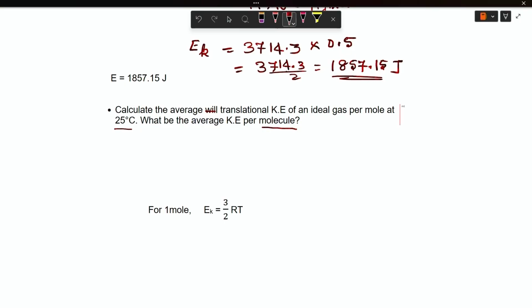For 1 mole we have got the expression, and here the only data we get is 25 degrees Celsius, which is equal to 273 plus 25, that is 298 Kelvin. So, we are having only the temperature, and that is what we require.